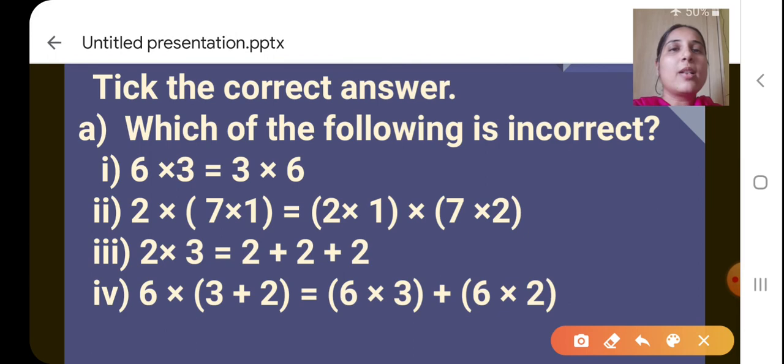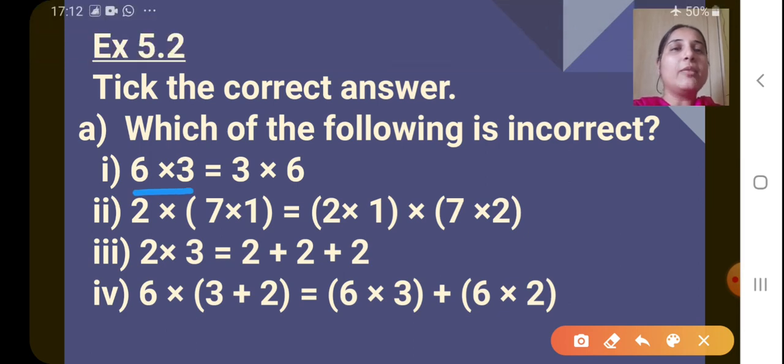Option number 1, 6 multiplied by 3 is equal to 3 multiplied by 6. So is it correct, children? Yes, this is correct, because 6 multiplied by 3 we will get 18, or 3 multiplied by 6 still we will get 18 on both the sides. So this is correct.